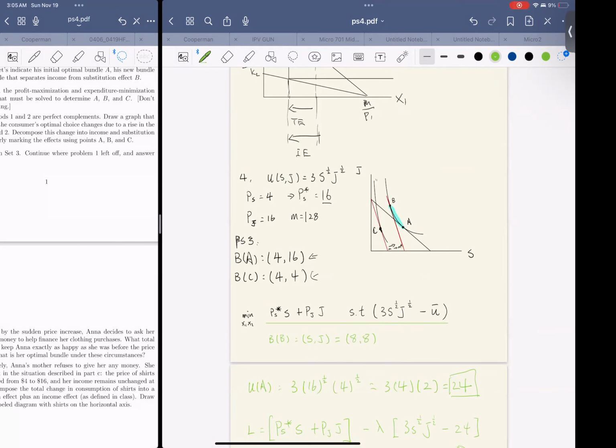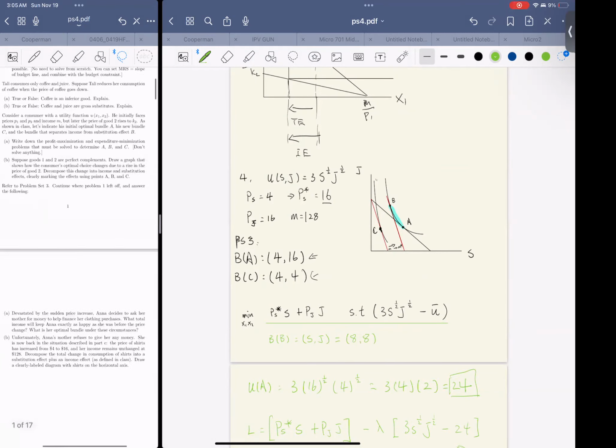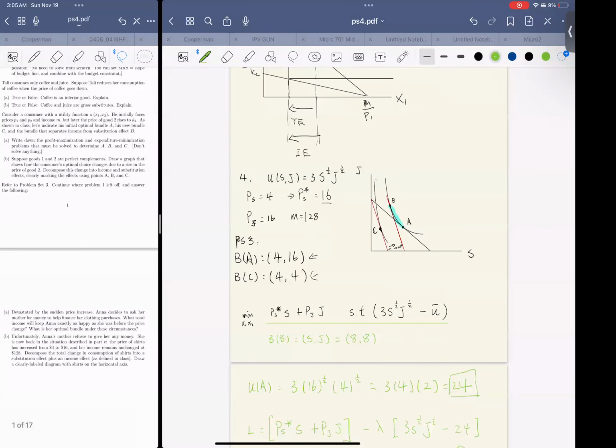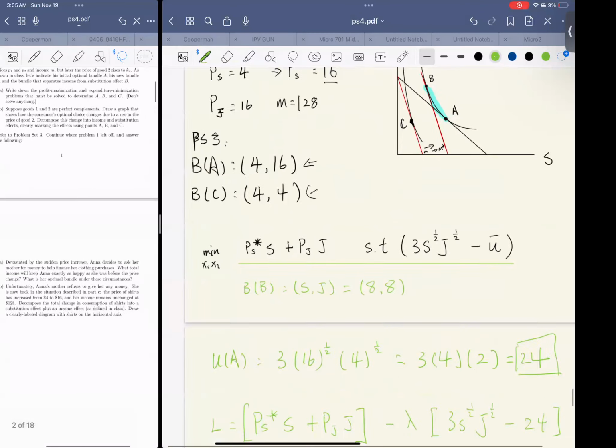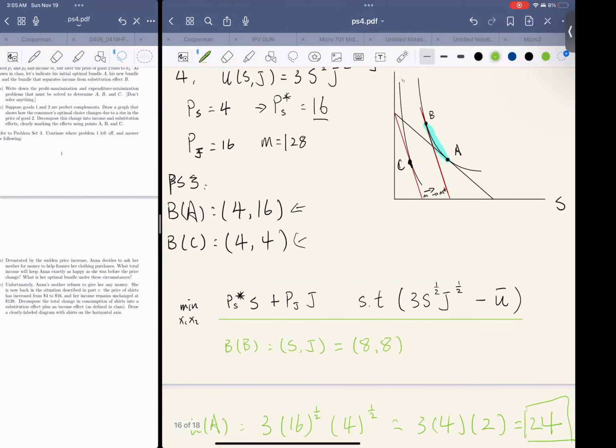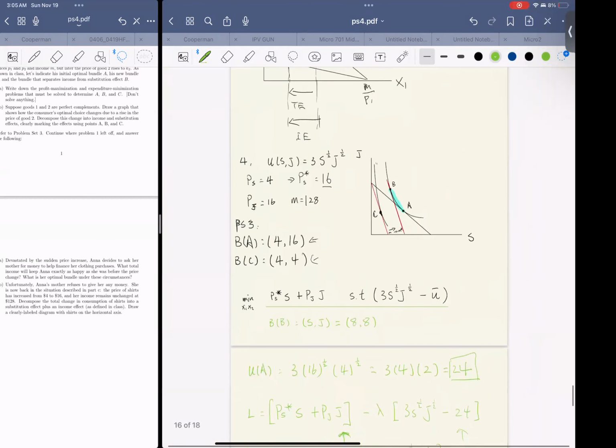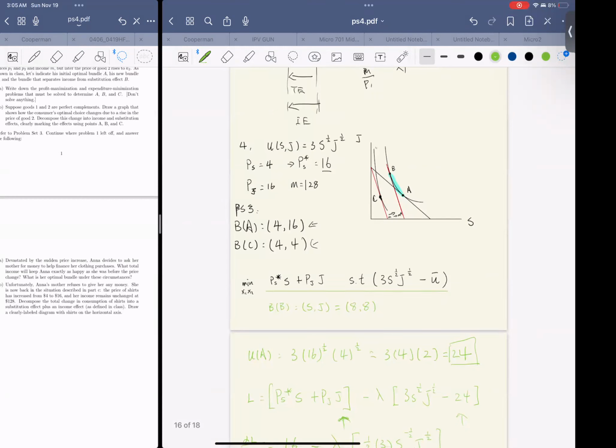How much will Anna's mom have to give her? This is pretty trivial: 8 times 16 plus 8 times 16 gives you 256.